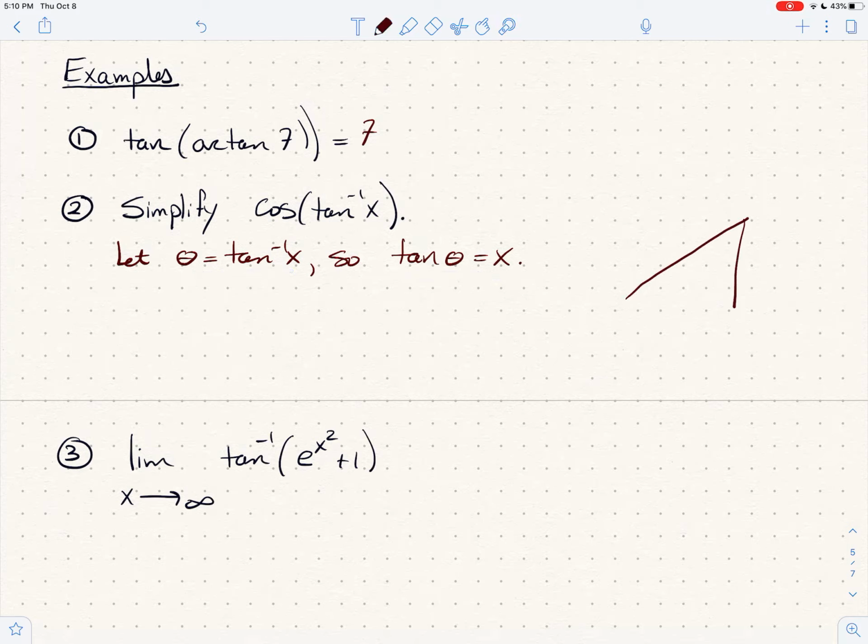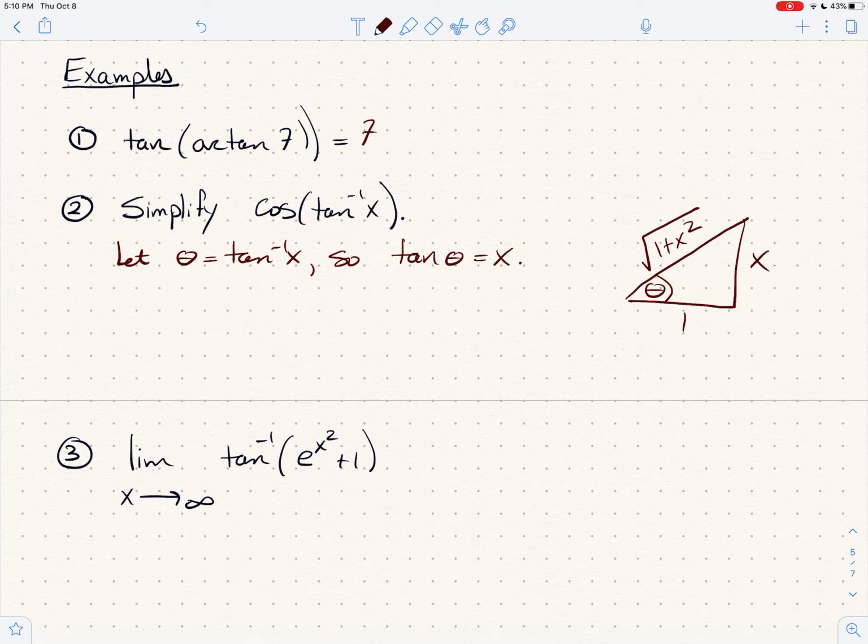So this triangle I'm going to draw, I'm going to think about this as theta. Tangent of theta is opposite over adjacent, and that's x. So I can write this as x over 1. That gives me x. And that allows me to easily fill in this side, square root of 1 squared plus x squared. So now I'm ready to go.